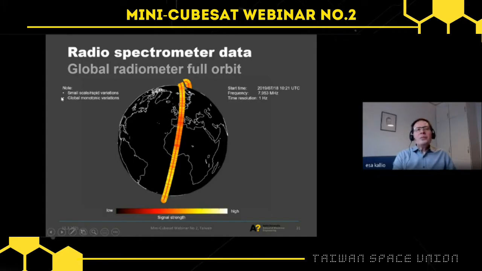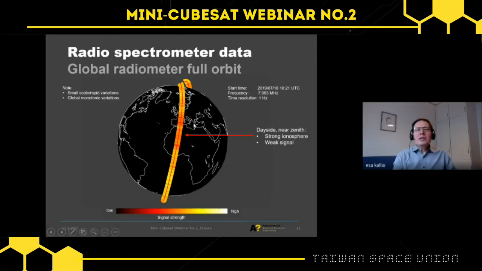But in addition to this small-scale rapid variation, you can also see certain trends, global variation. For example, here we can see that when you are in a region on the day side, where there is a strong ionosphere, the signal is low.